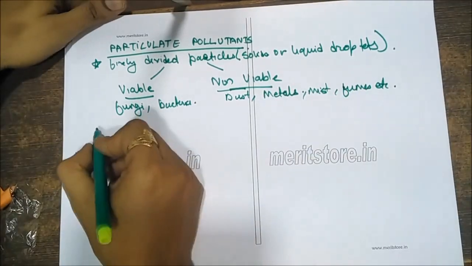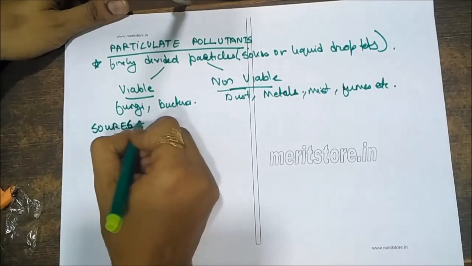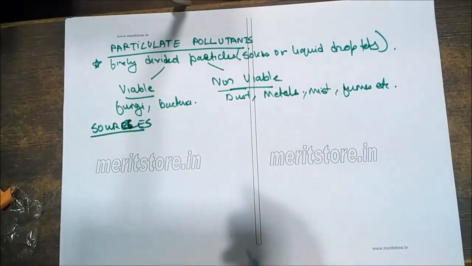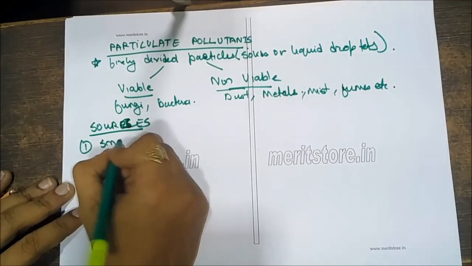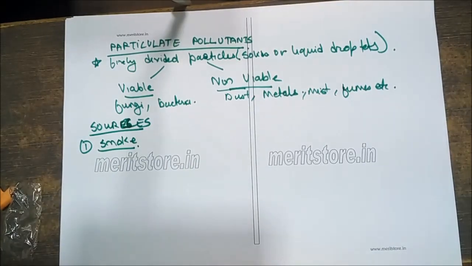Okay, now let's study what are the different sources of particulate pollutants. So the first source is smoke. Now smoke is emitted into the air by the process of combustion of fuels like coals and oils which are used in homes.